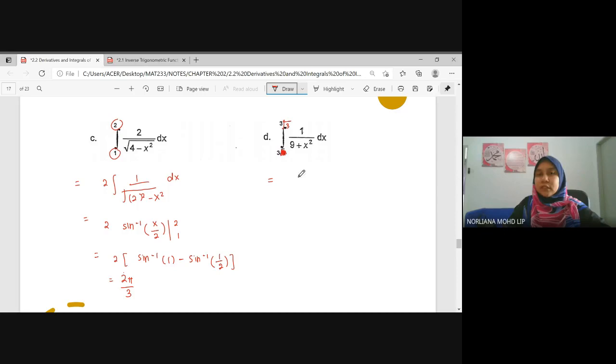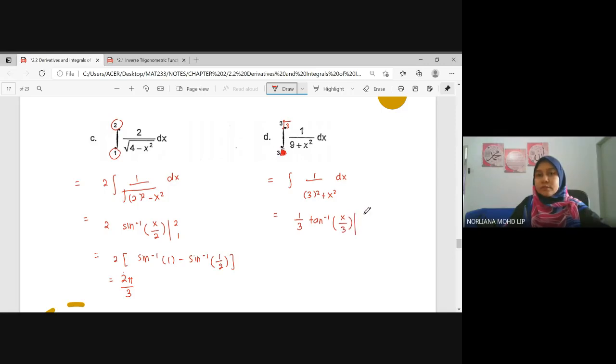One, okay, tukarkan 1 over 3 square plus x square. So equal to tangent kan, 1 over 3, tangent formula 1 over 3 tangent inverse x over 3.